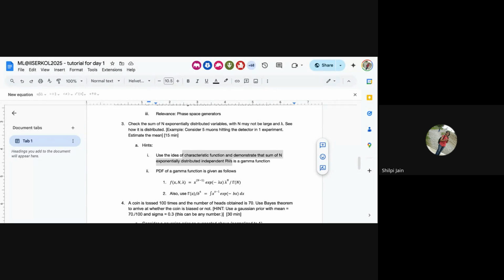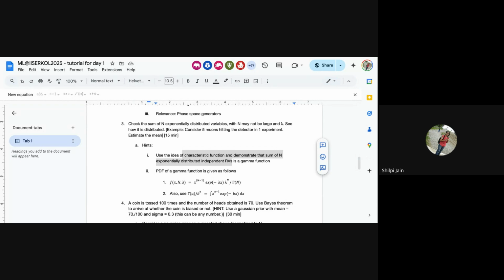So then you can find out the characteristic function of a gamma function. Then you will see that it is the same as the characteristic function of the sum of two exponentially distributed random variables, which means that the sum of two exponentially distributed random variables follows a gamma function.